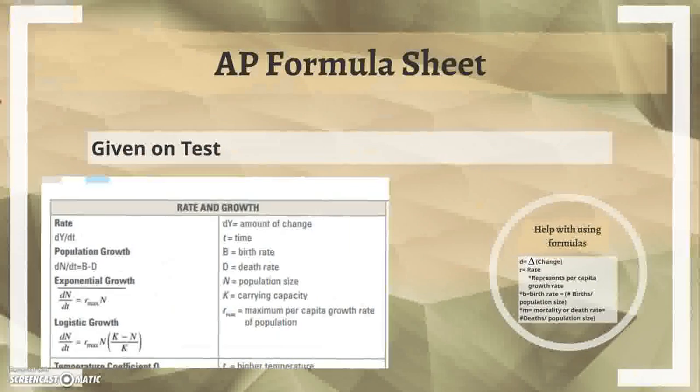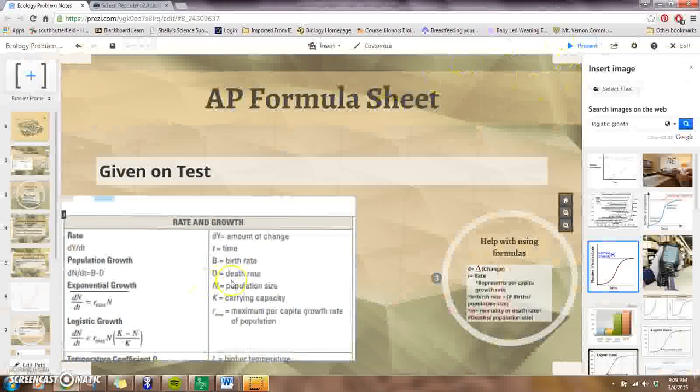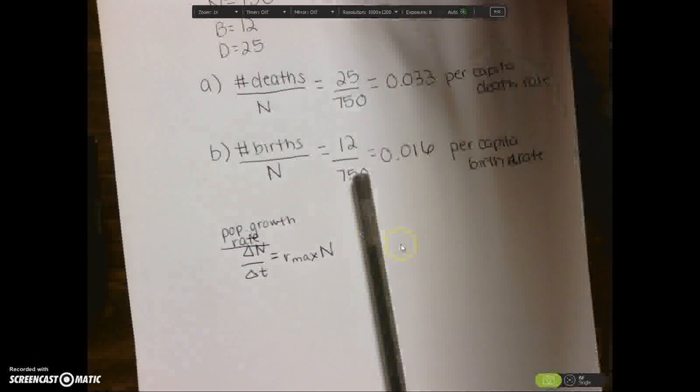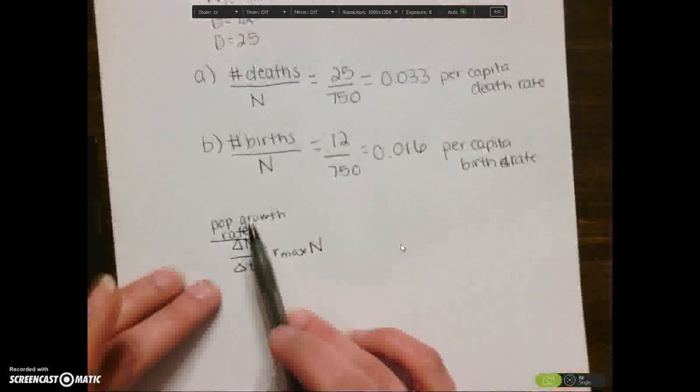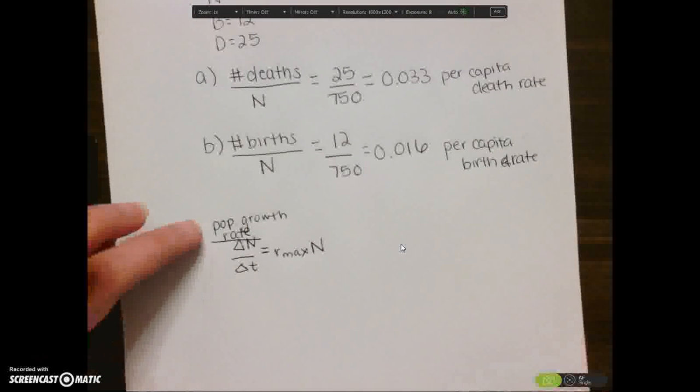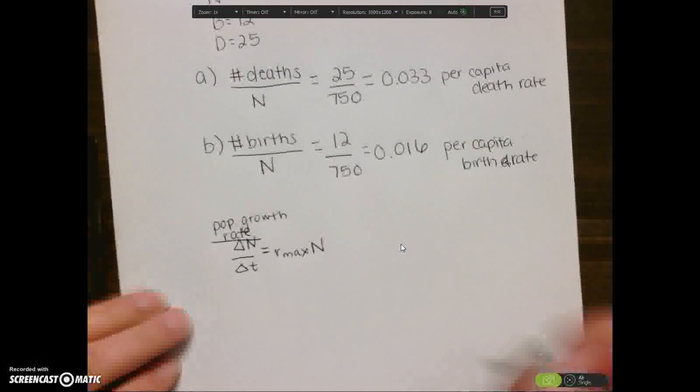Okay. So let's go ahead. Let me get back to my camera again. I'll be flipping back and forth here. So, alright, so we got our population growth rate. And I'm using the one for exponential, like we saw on our formula table.